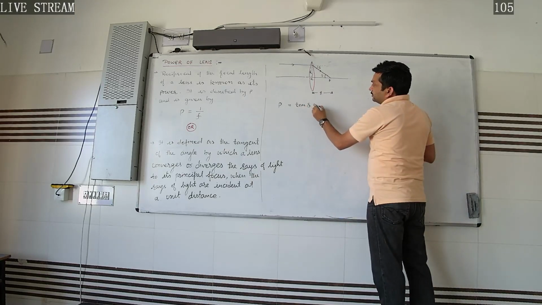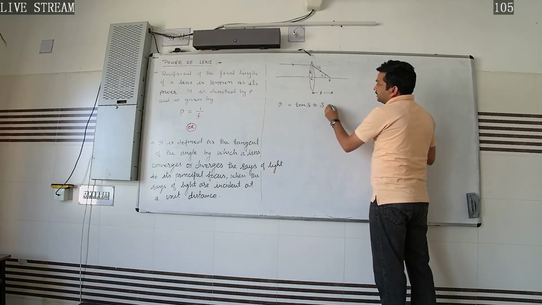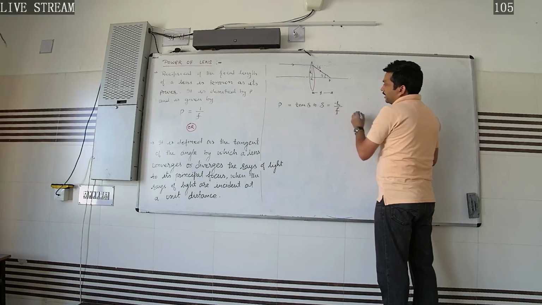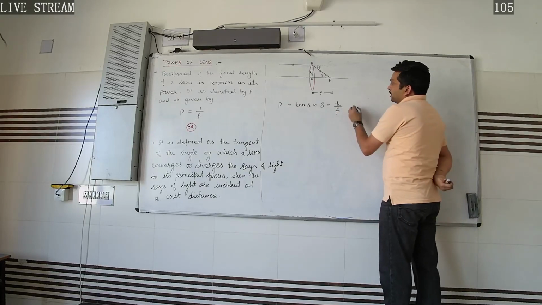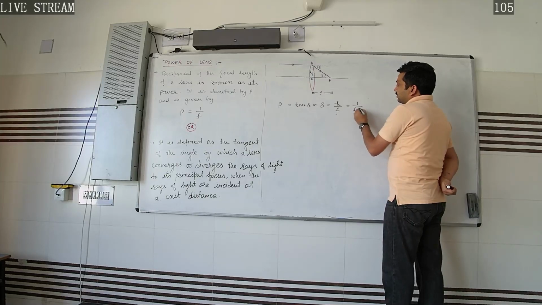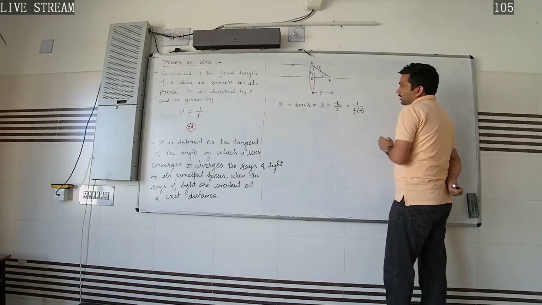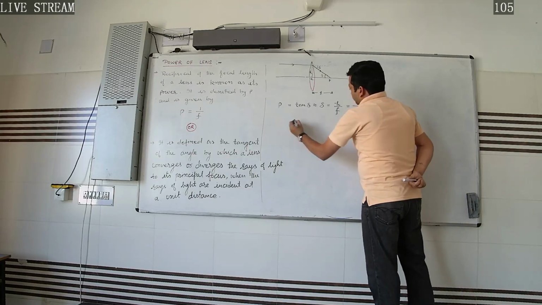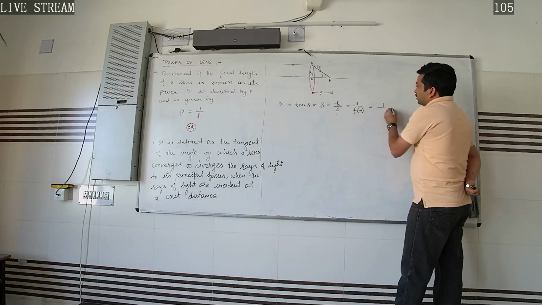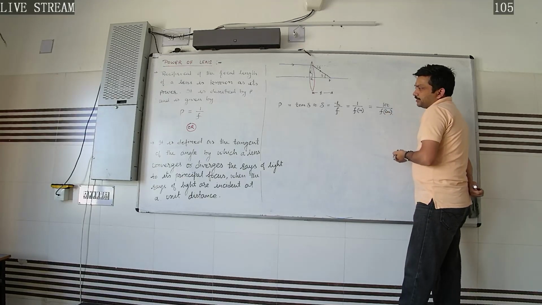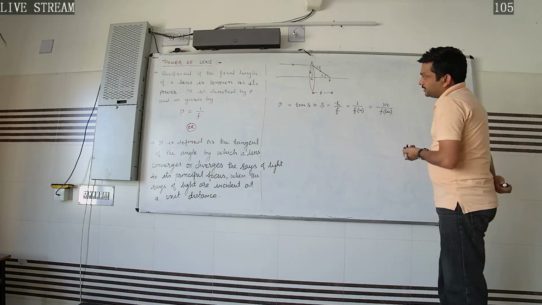And this angle is so small that we can write delta is equal to h by f. And what about this h by f? h is the unit distance and f is the focal length in meters. And if we are writing the focal length in centimeters, then we can write 100 over f. In this way we can define this power of lens.